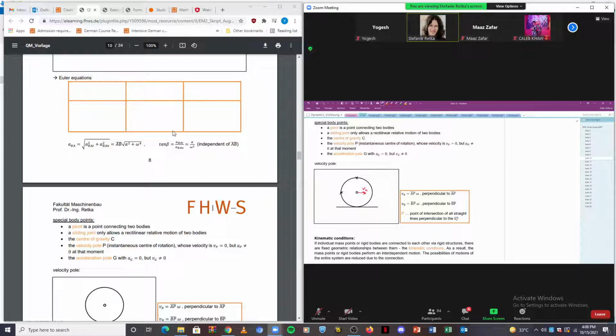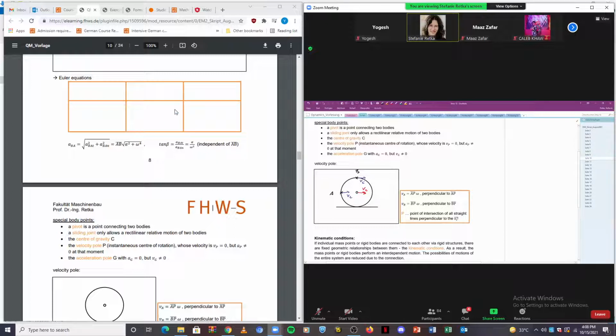We pick 2 points on this object, and say this is point A, and this is point B. Point A moves translationally as point C, our center of gravity, because there we know the direction of motion. So this is our translation. A translates as point C, and B also translates as point C.